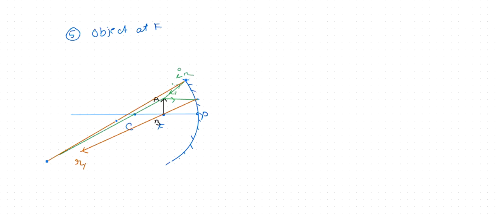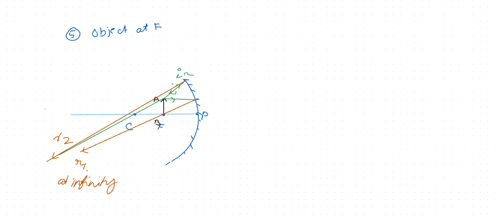So remember this. This is R2, and they meet at infinity. That is, we do not see the image formed.